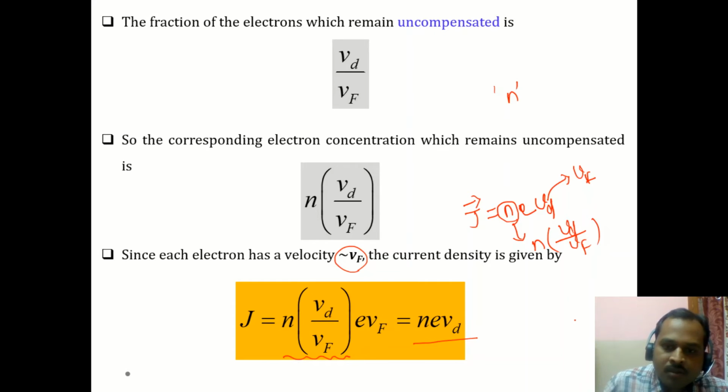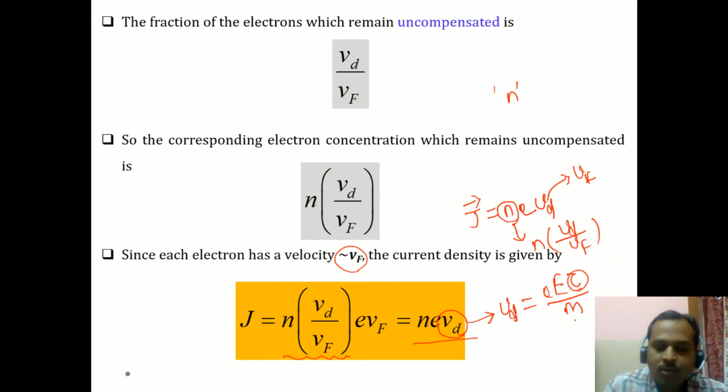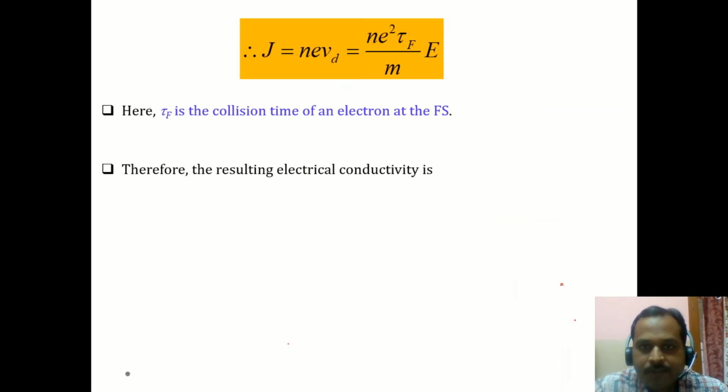But what is this Vd? If you write it in terms of the relaxation time, you know that Vd can be written as e tau by m times E. Now this tau will correspond to the Fermi surface.